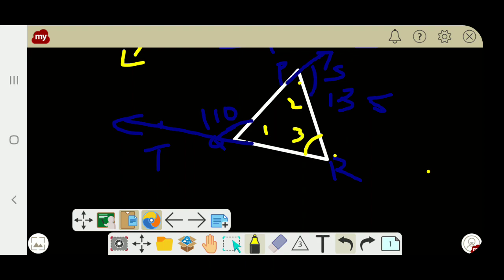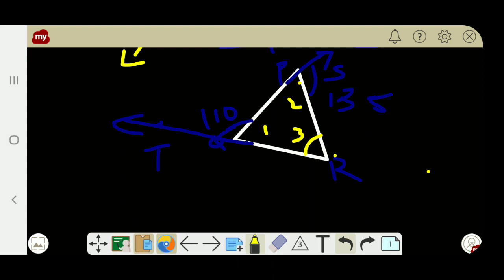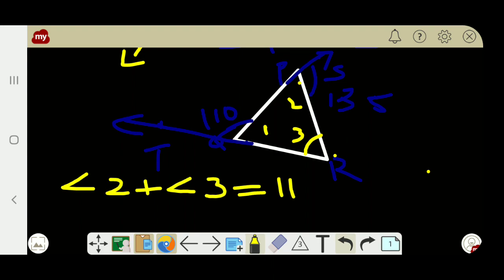Then by using the property, angle 2 plus angle 3 equals 110, because by using the exterior angle property you can write angle 2 plus angle 3 equals 110. Why? This 110 is for this exterior angle, and angle 2 and 3 are opposite angles.